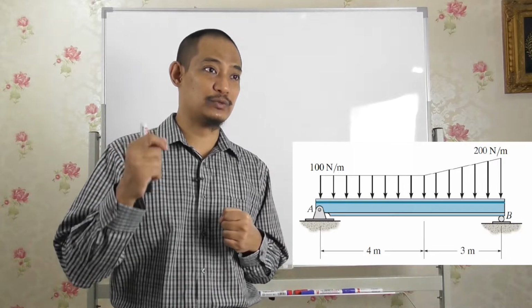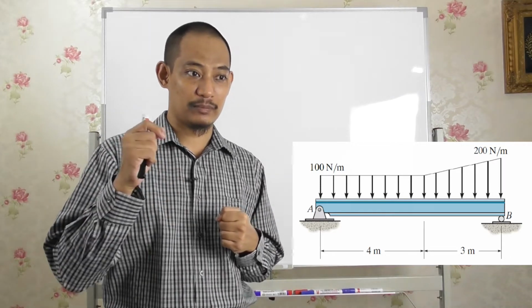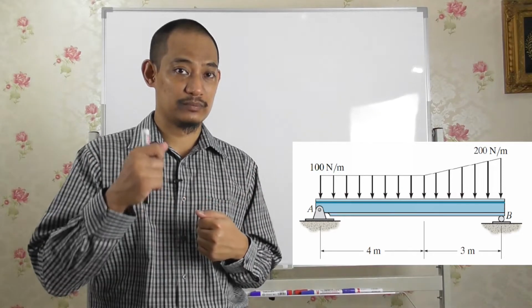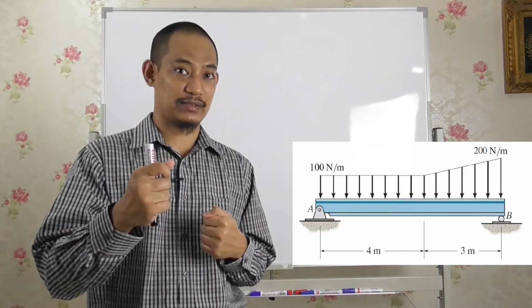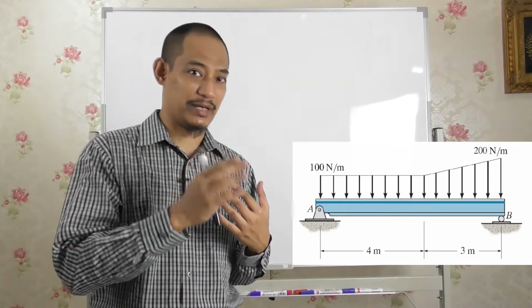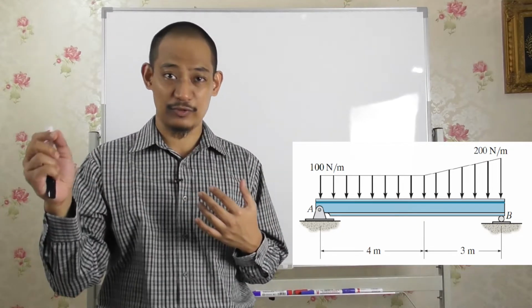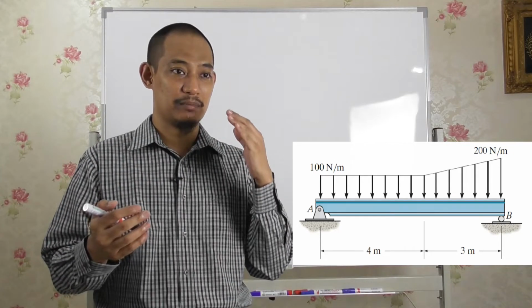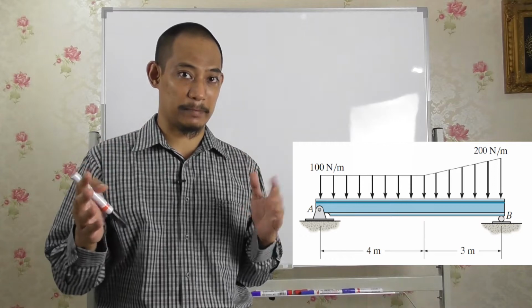However, whenever you use summation of forces equal to 0, hence an equilibrium problem, a free body diagram is a must. Otherwise, we do not know whether your plus or minus in your summation of forces or summation of moments is correct or not, because that must be based on a certain free body diagram. All right.